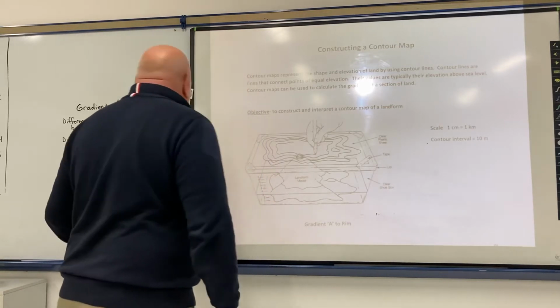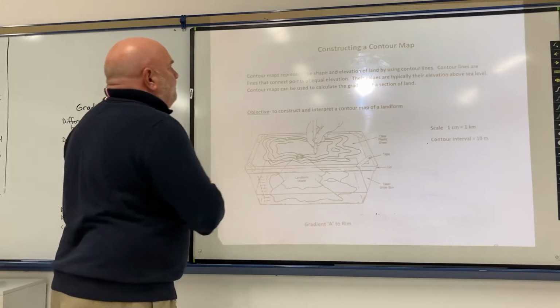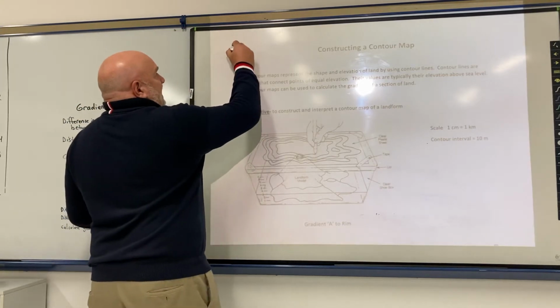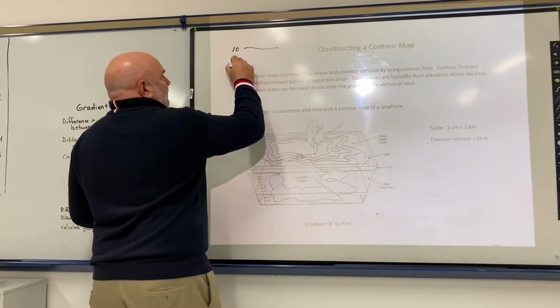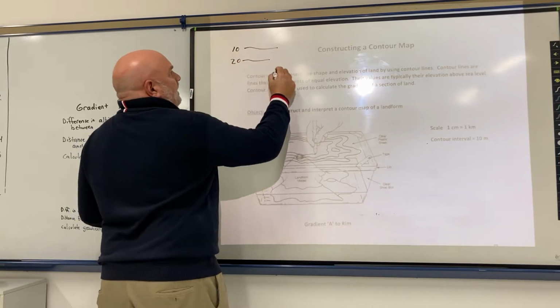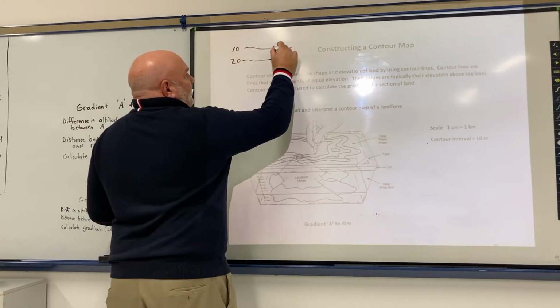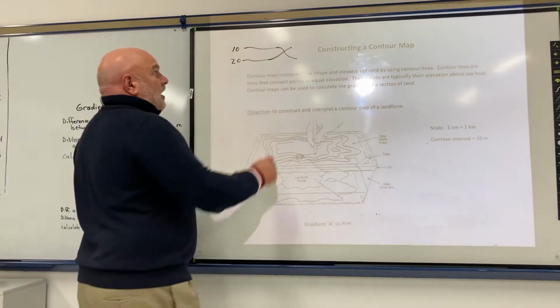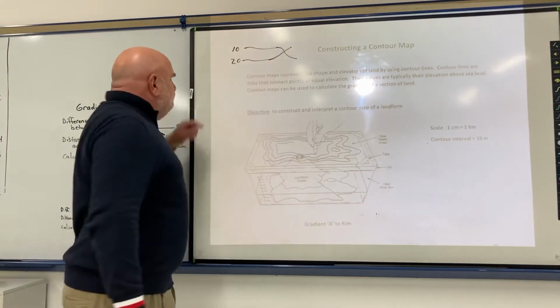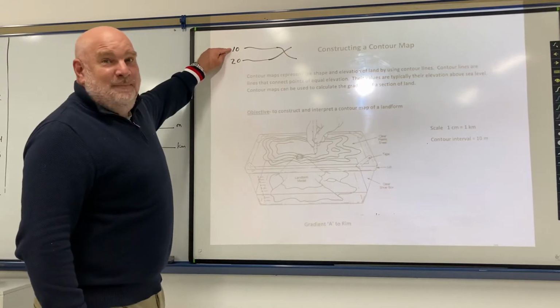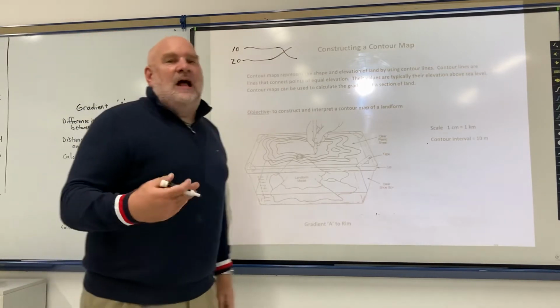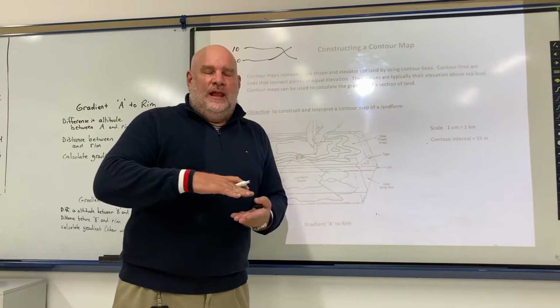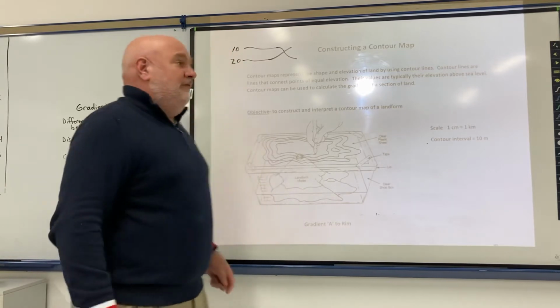Now with iso lines, let's say here's a 10 line and here's a 20 line. My lines can never crisscross like that. The reason is, this could represent 10 meters above sea level. On a contour map, typically what the lines represent is elevation above sea level.